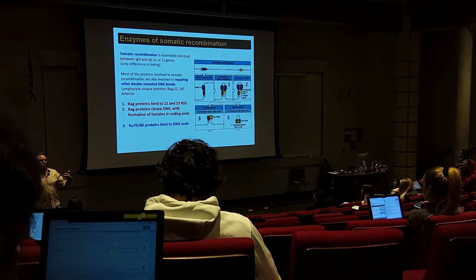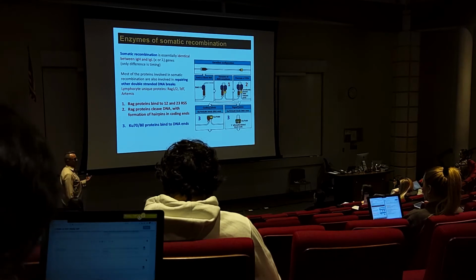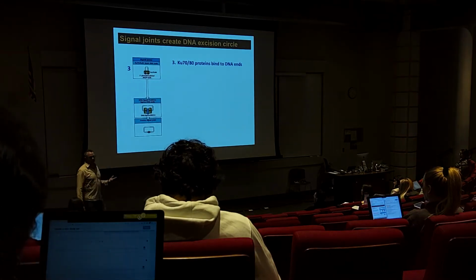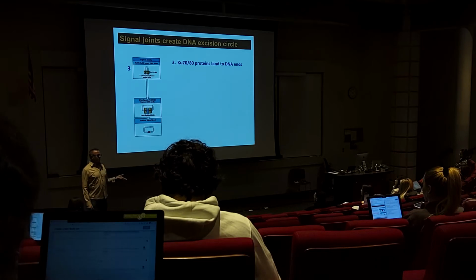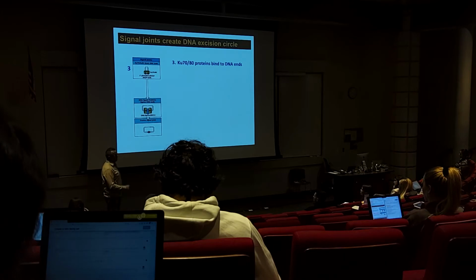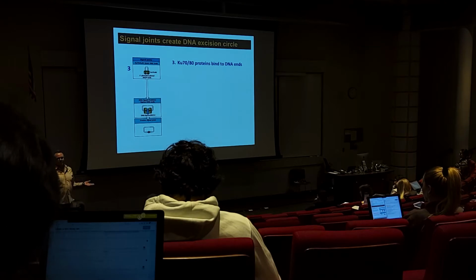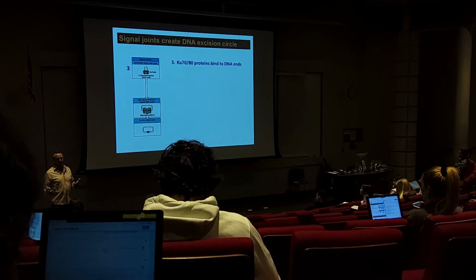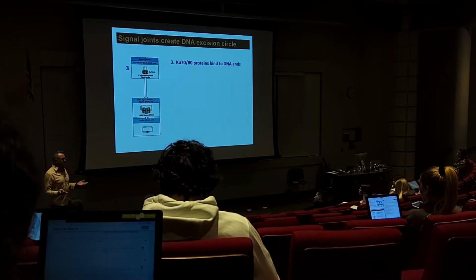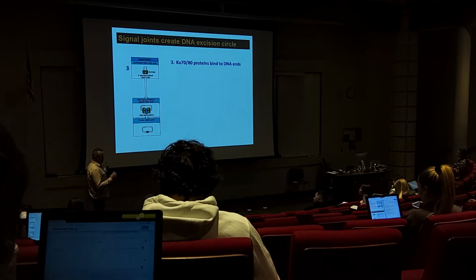Your B cells treat these differently. For the part you cut out, you don't care about it, but you also don't want free DNA ends floating around, particularly in your nucleus. So you want to seal that up. It's just a way of getting rid of this. Eventually you're going to degrade it. The whole point is that the part you cut out, you throw away, but you want to make it safe so it doesn't recombine with your DNA. If you just left open ends, that would probably happen.